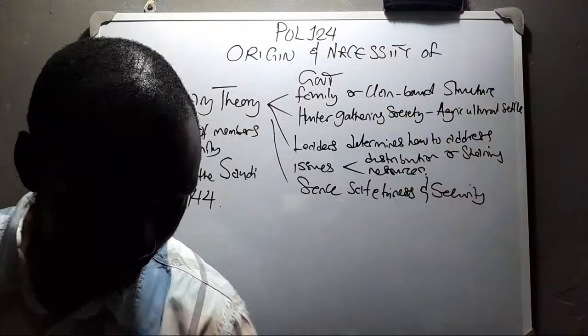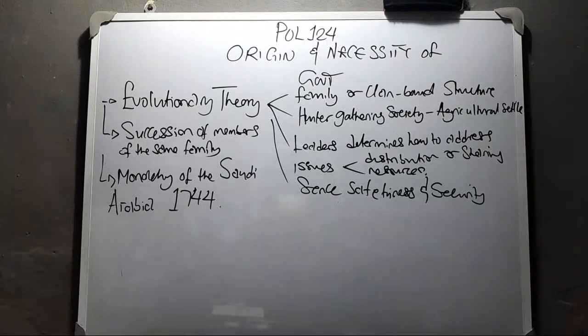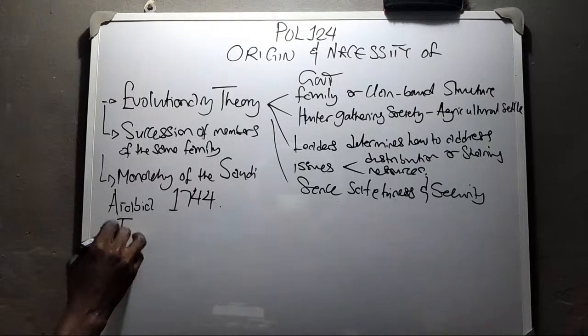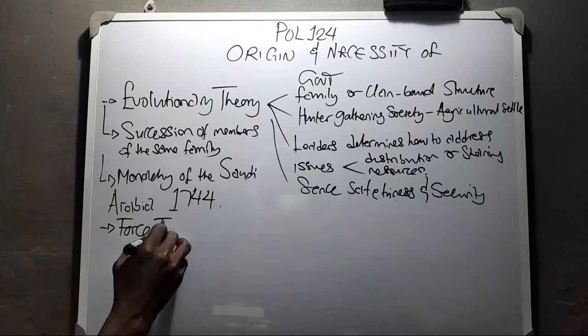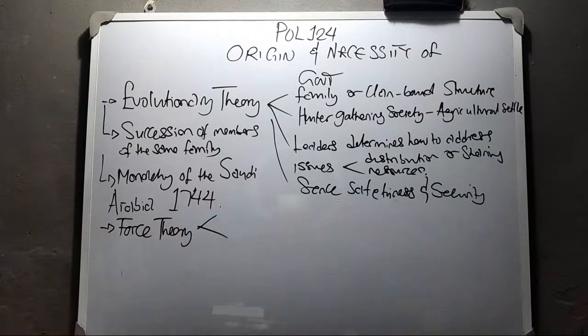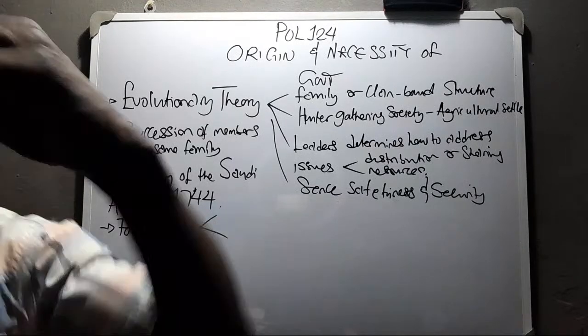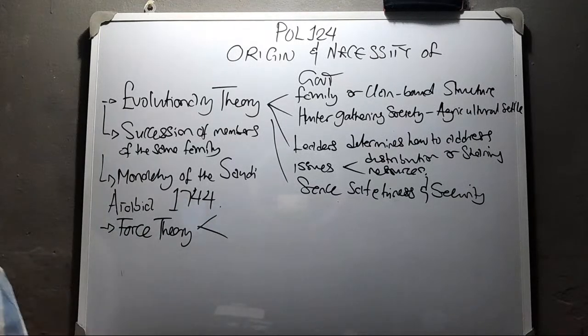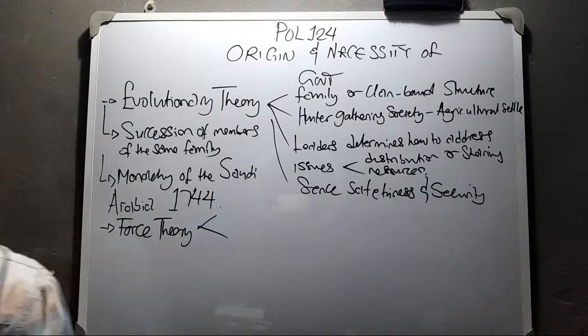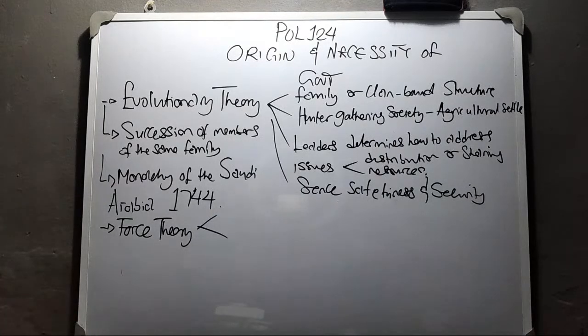Now let's proceed to the next one, which is force theory. The force theory espouses the idea that government originates from taking control of the state by force, and it's often found in a dictatorship type of government characterized by one person or one party authoritarian rule.